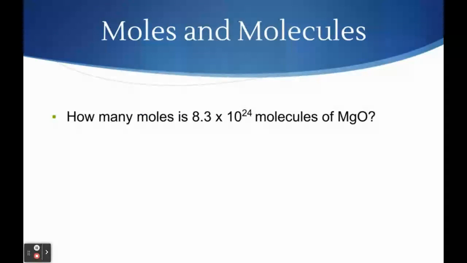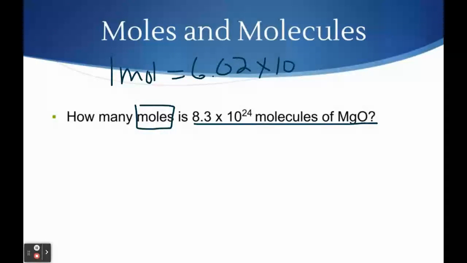All right, and our last practice problem is how many moles is 8.3 times 10 to the 24th molecules of MgO? So underline your given information, 8.3 times 10 to the 24th molecules of MgO, and put a box around moles. And again, we're dealing with moles and molecules, so our conversion factor is the same. So go ahead and write your given information.